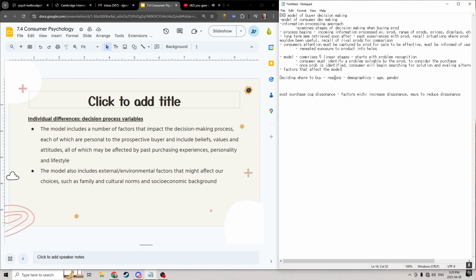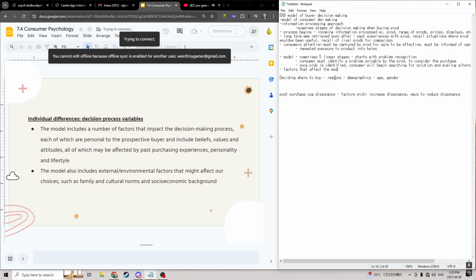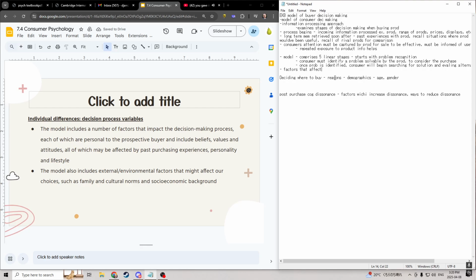Okay, factors that affect the model, or that affect decision making process.